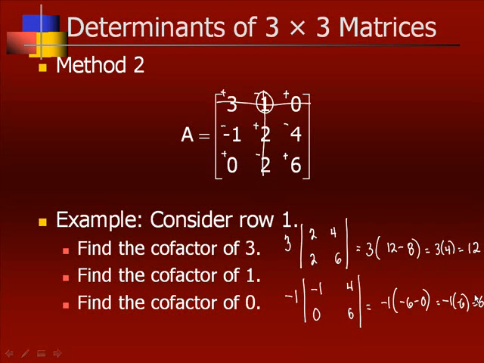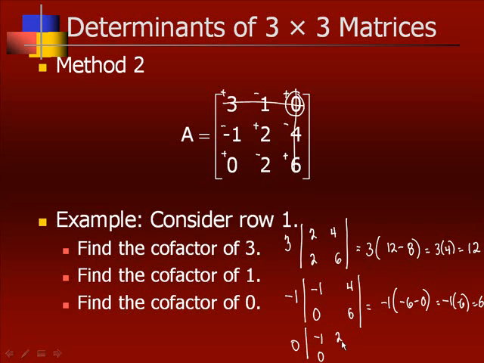Okay? Find the cofactor of 0. Well, same thing. Let's remove our lines. This time we're looking at this 0. I'm saying that because I said consider row 1, so we're expanding on this row 1. So we've got 0 times, now plus, minus, plus, 0 is the same sign, the minor of 0, which means take out the row and the column that had 0.